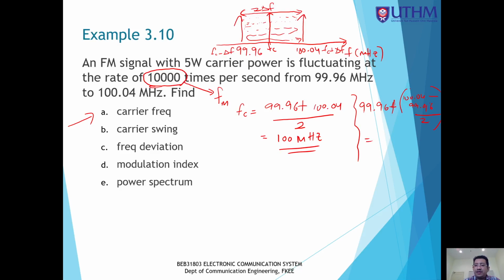So starting from 99.96, plus 100.04 minus 99.96 over 2, you get 100. So it is actually the center frequency. So this is the carrier.